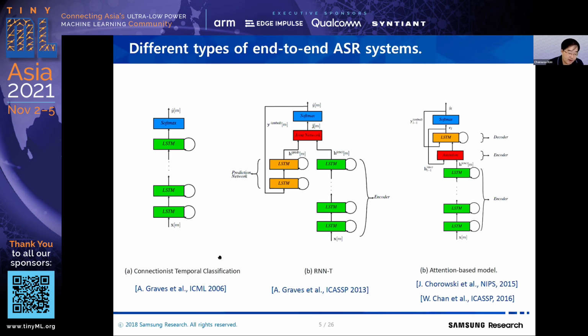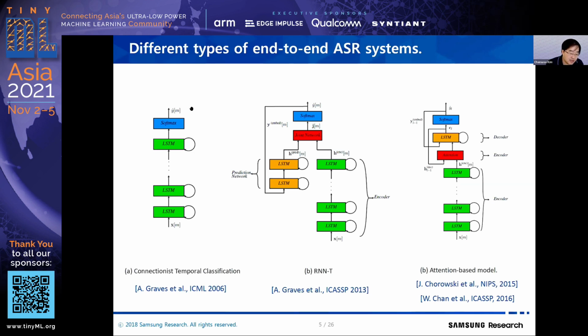But for speech recognition systems, actually, we need to handle sequence information. So Alex Graves, who is currently working at Google, published a paper at ICML 2006 about CTC loss, and this CTC-based approach might be one of the first end-to-end speech recognition systems.